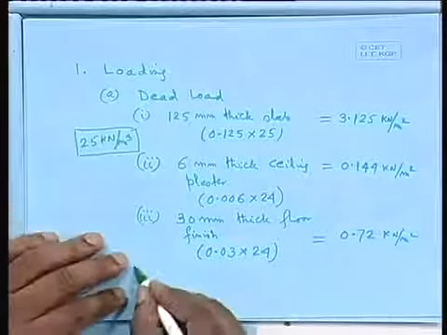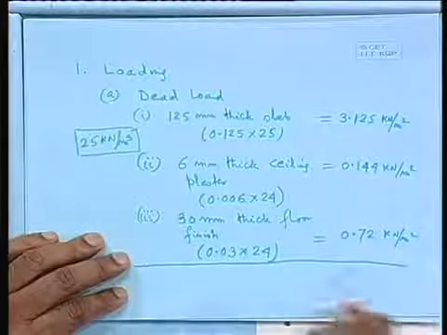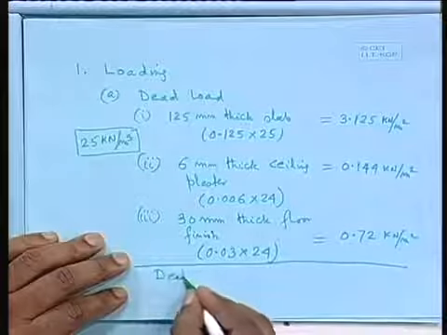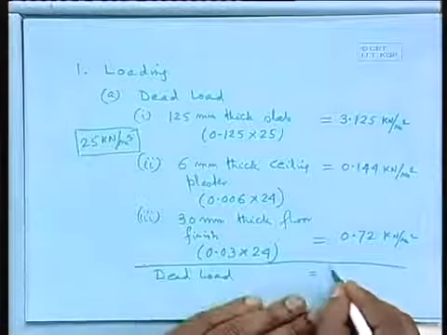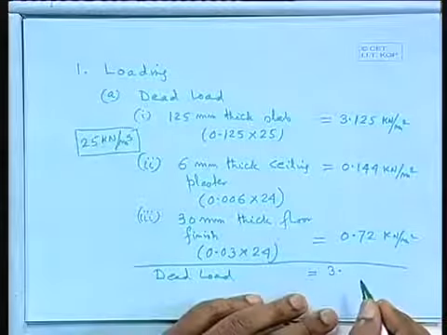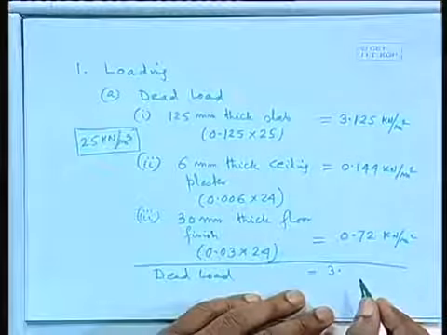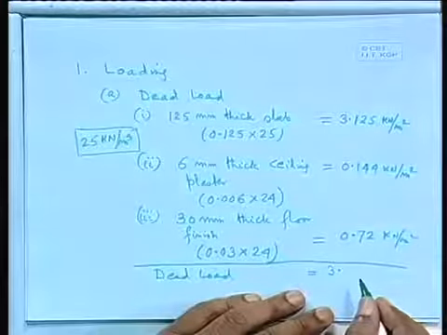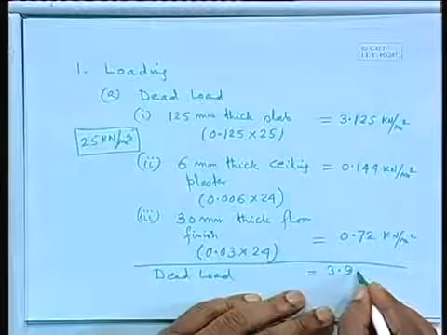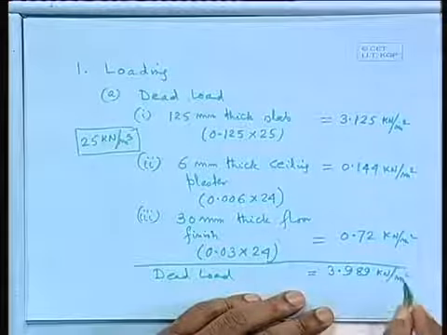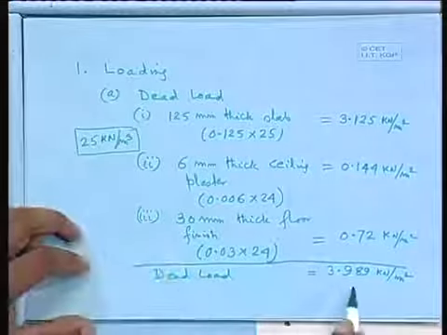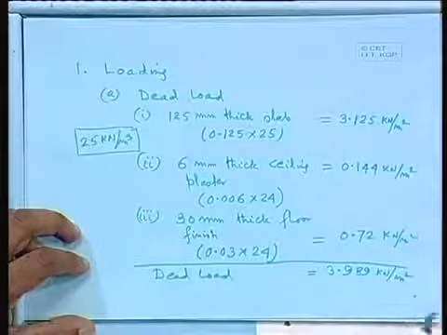So, dead load equals 3.989 kilonewton per square meter.